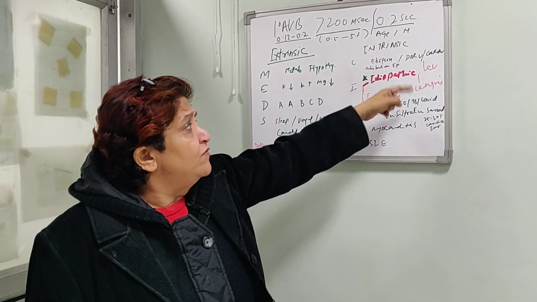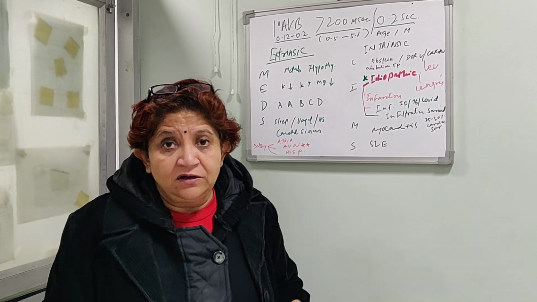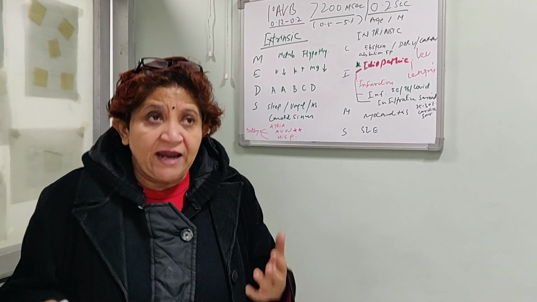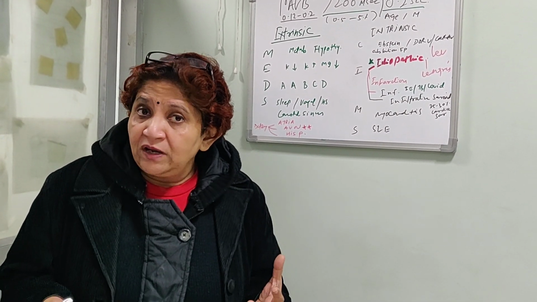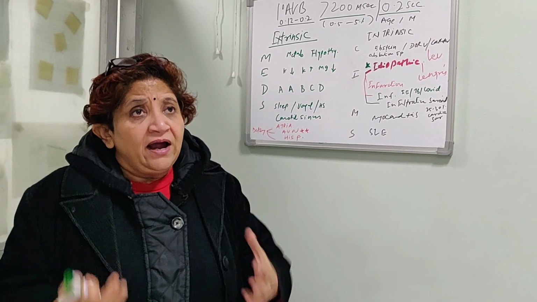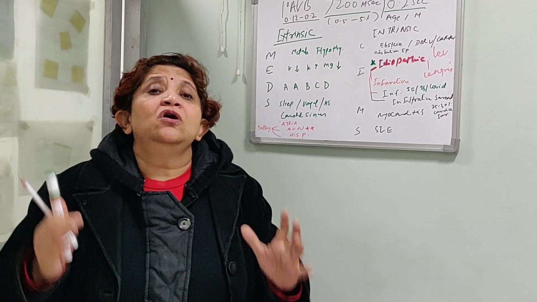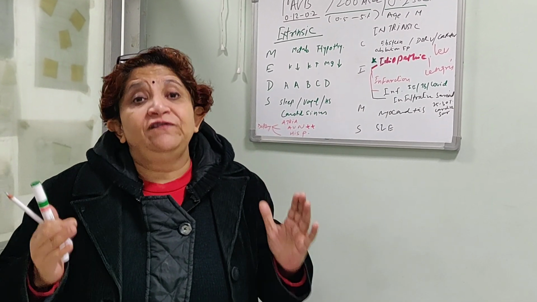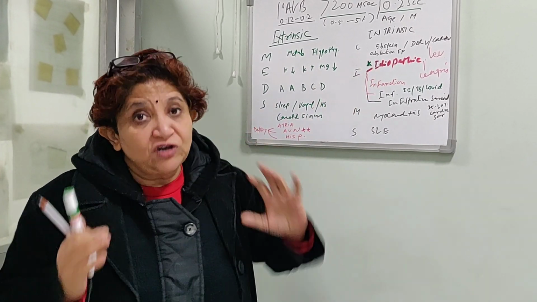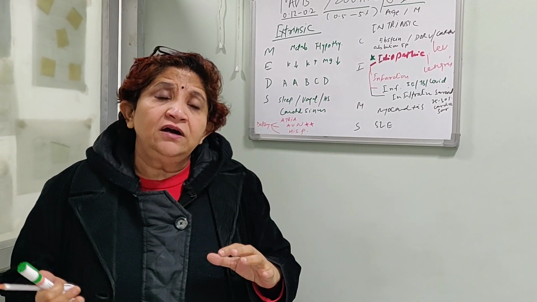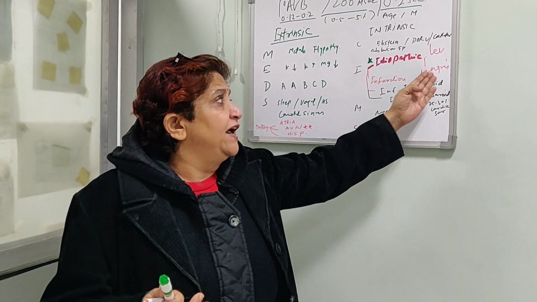In I have put a star on idiopathic. So basically as you age, there is an idiopathic fibrosis of the conduction system, fibrosis and calcification, and this is the commonest cause of first degree AV block. So idiopathic is the commonest cause, that's why I have put a star. And in idiopathic you must have heard of Lev's and Lenègre's disease.